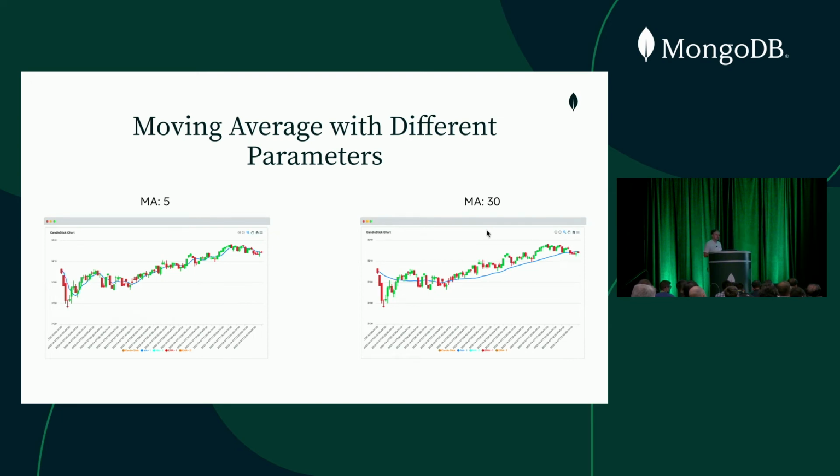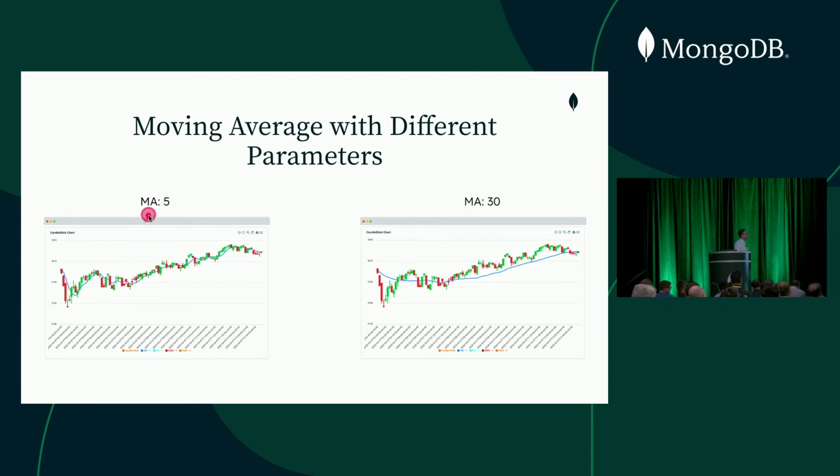Okay? So on the screen, you see moving average with different parameters. At the left-hand side, you see a moving average for the last 5 records. And at the right-hand side, you see moving average with the last 30 records. If you notice the blue line here, actually it's a bit small, it's not easy to see. The blue line is following the trend, okay?